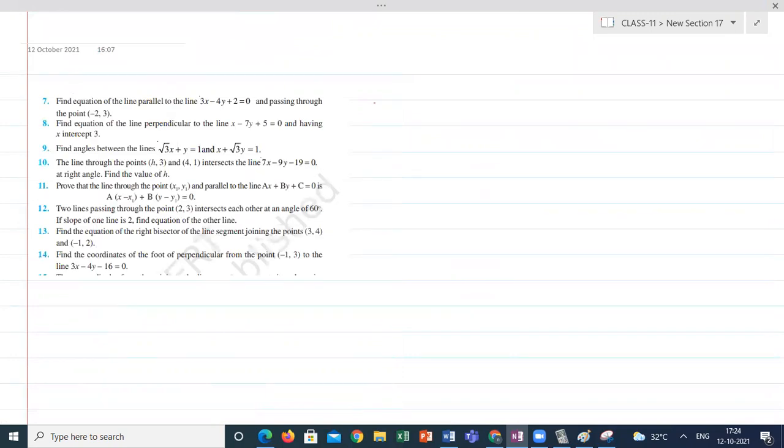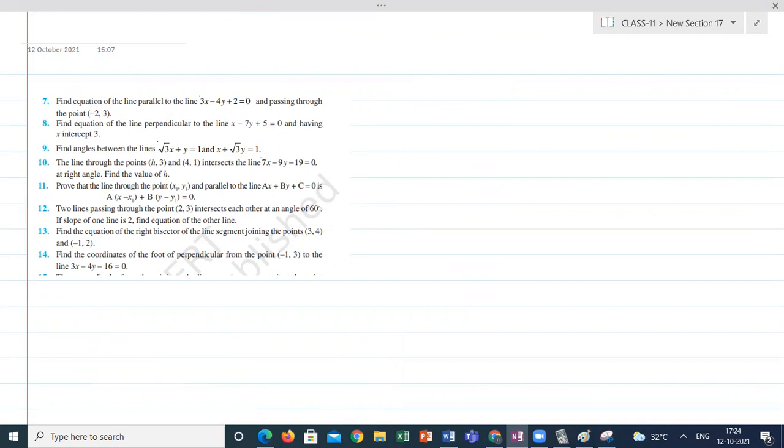Eighth question. Find the equation of a line perpendicular to the line x minus 7y plus 5 is equal to 0 and having the x-intercept 3.